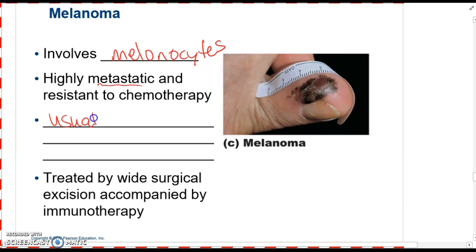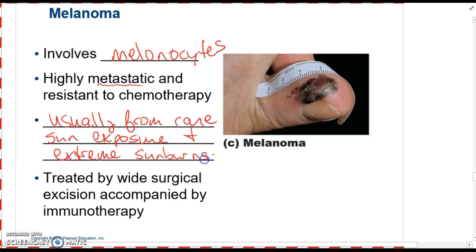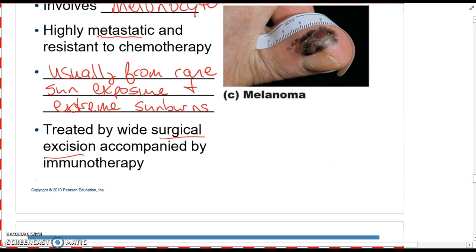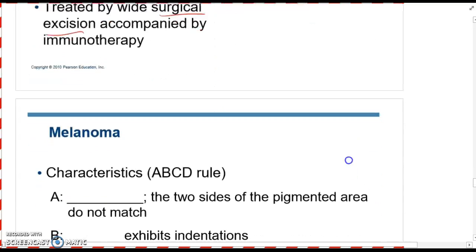It is usually pretty rare, but it's usually from a whole bunch of sun exposure, maybe at one time, for example, and then extremely bad sunburns, or repeatedly bad sunburns. There's also wide surgical excision, meaning they're going to try to get rid of that whole thing, and then also try immunotherapy to get rid of it in another way.